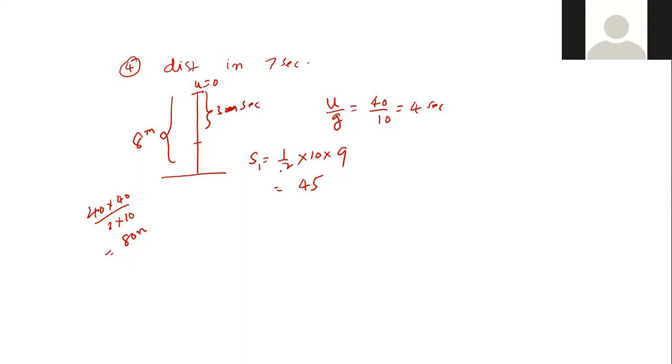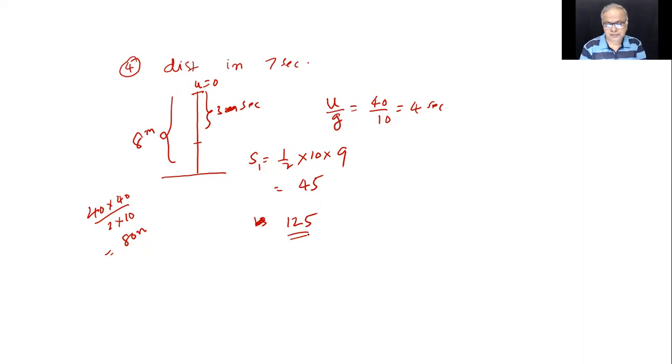Half g t square, no u while coming down. So 80 up, 45 down. So the distance is what? How much? Do you follow this?